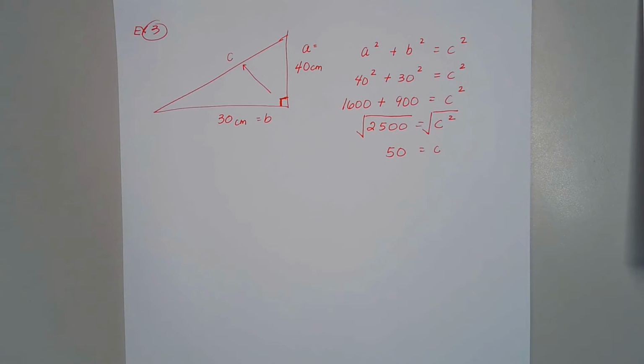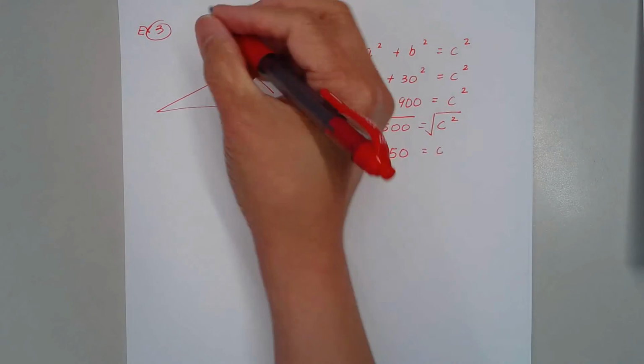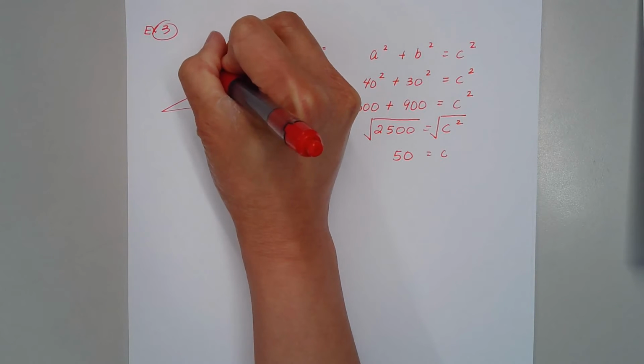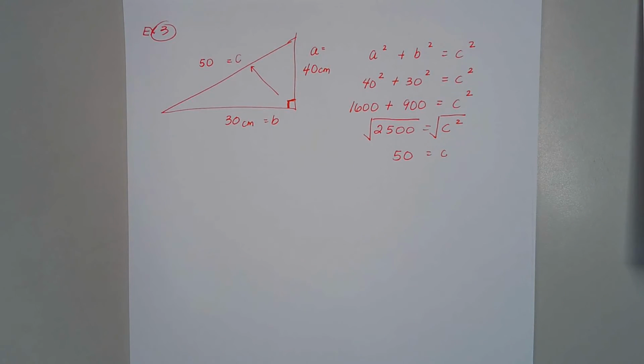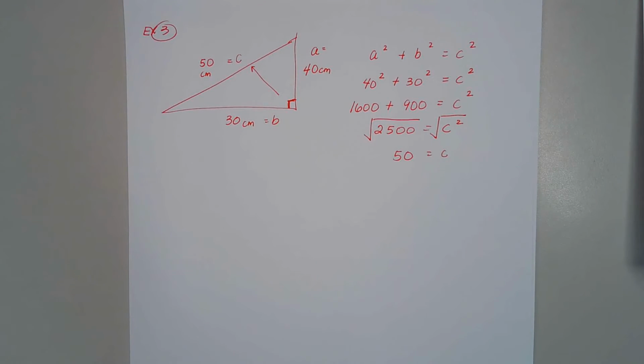If this side is 30 and this is 40, then this side, called the hypotenuse, is 50 centimeters. Good. Do you want to see one more? Yeah, let's do one more.